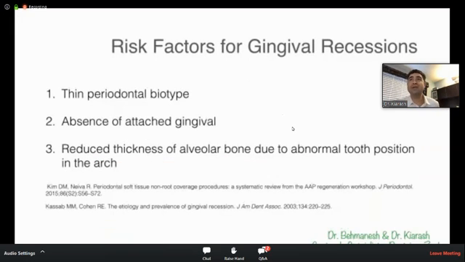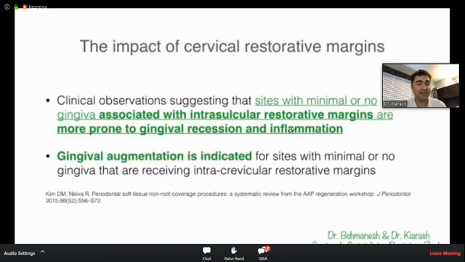So what are some of these risk factors for gingival recession? Like we talked about, thin biotype, absence of attached gingiva, and a reduced thickness of the alveolar bone and the overlying soft tissue. So it's not just purely about keratinized tissue like it used to be back in the days. Now, the impact of cervical restorative margins, as we talked about, there's abundance of literature that shows us how in the absence of adequate tissue thickness, any intracrevicular margin that's placed into the sulcus can actually increase gingival recession and therefore gingival inflammation.